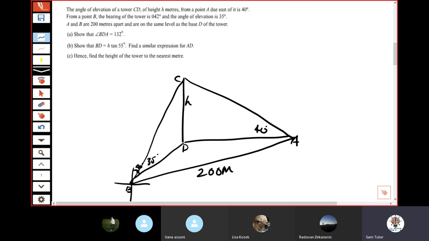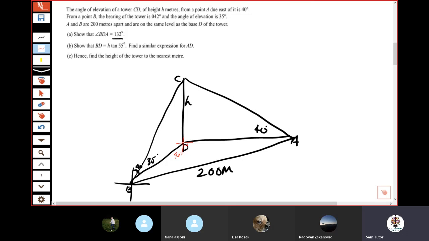Show that BDA equals 132 degrees. Interesting. Well, what do I know? I know this bit here is 42 degrees. So from alternate angles, that is also 42 degrees. And then, of course, that is 90 degrees.